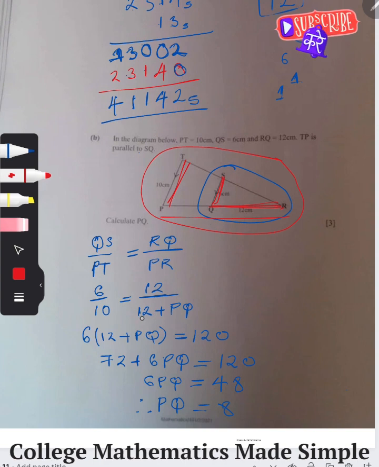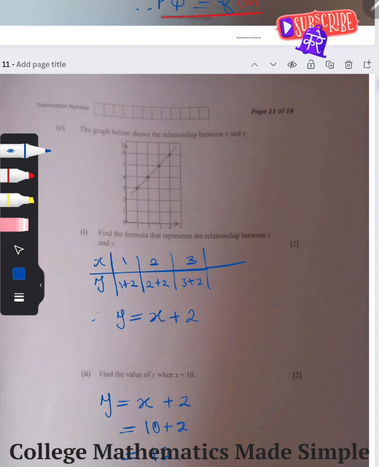So our task is just to make PQ the subject of the formula. So 6 multiplied by this denominator, and then 10 multiplied by 12, which is 120. Now we can distribute here on the left side and make PQ the subject of the formula, which is 8 centimeters.